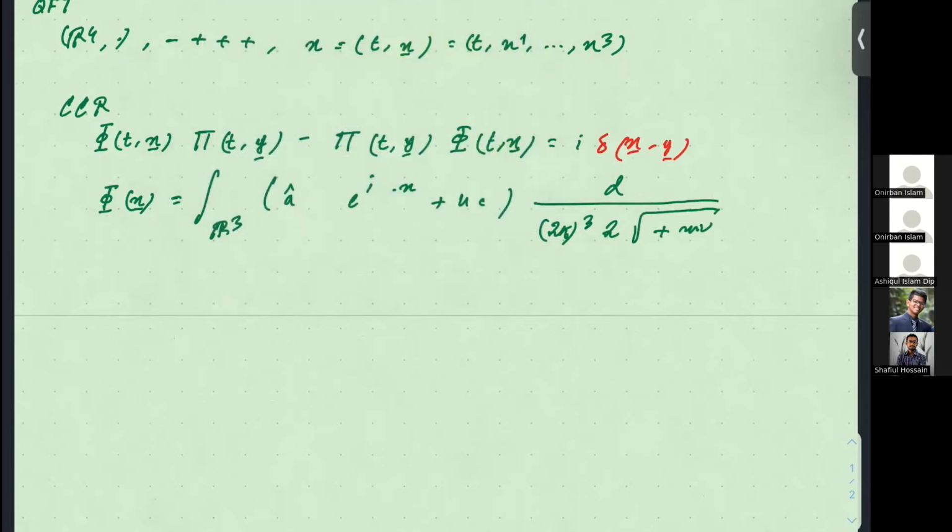So for those familiar, what is this something? This is just a momentum p, and this is also p, and this is also p squared.